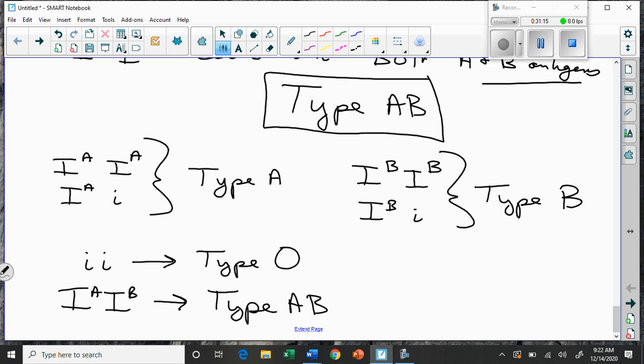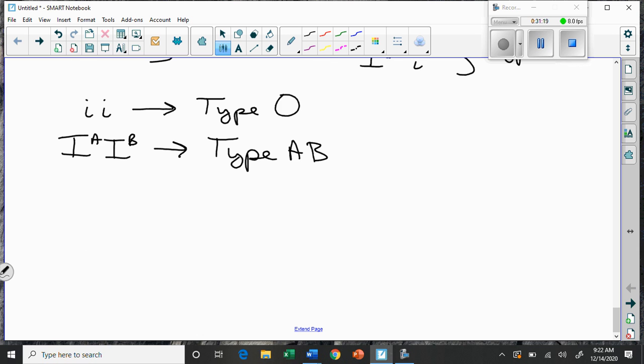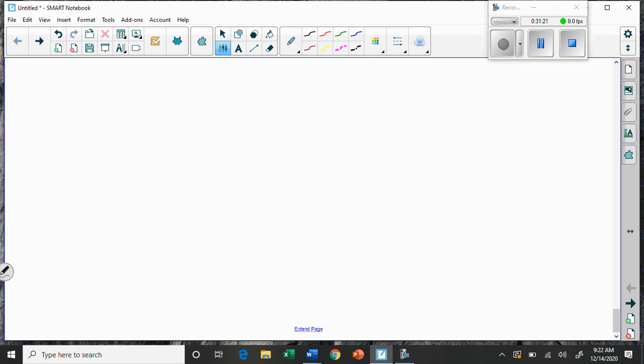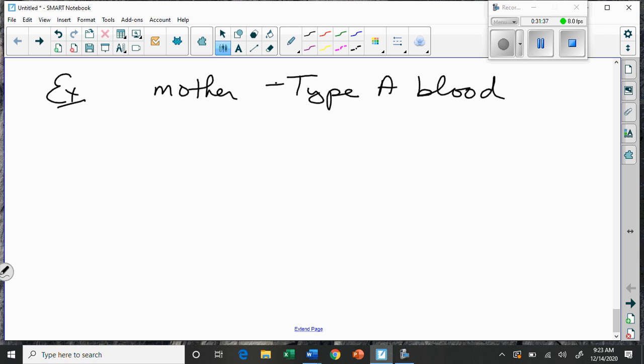Multiple alleles. So we could do a little cross just to have fun with this. We could imagine some parents. So let's do an example of a cross, right? Let's say you have a mother who has type A blood, but she is heterozygous, right?